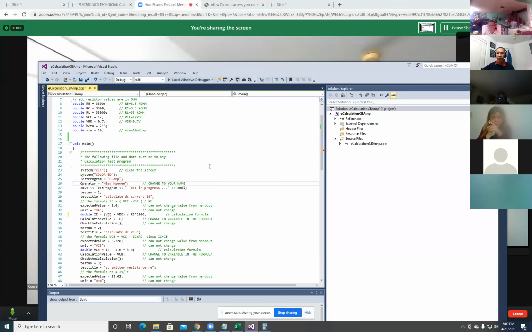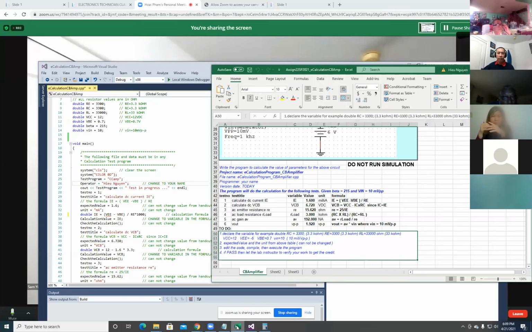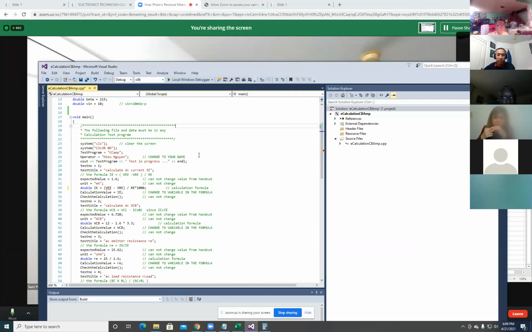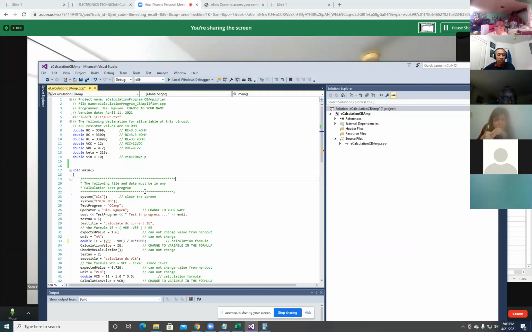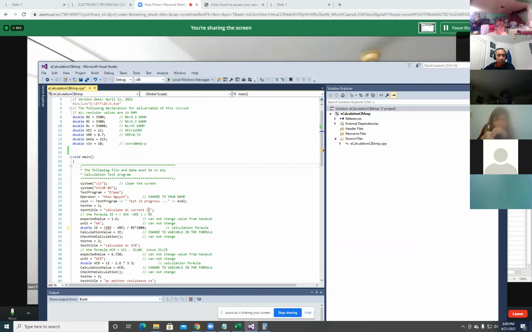Okay, so this is the assignment for the e-calculations CB amplifier. I guess what I was doing wrong was I wasn't declaring the formula right. Yes, in the formula you have to match it to what's declared up on top.